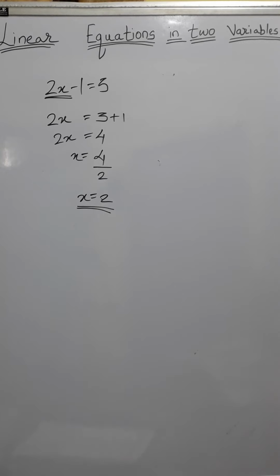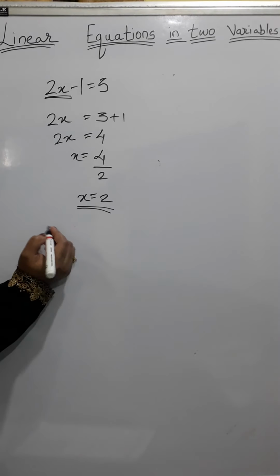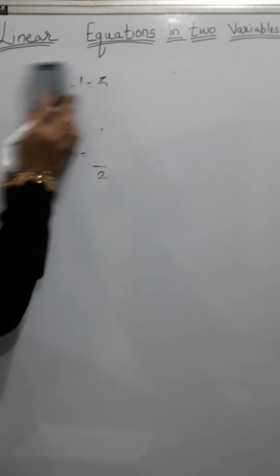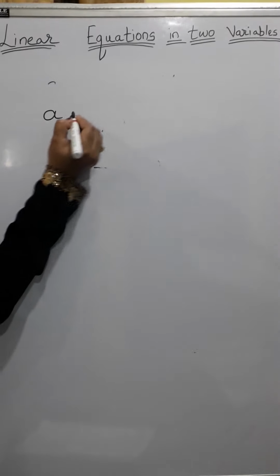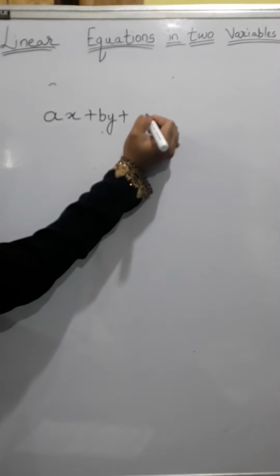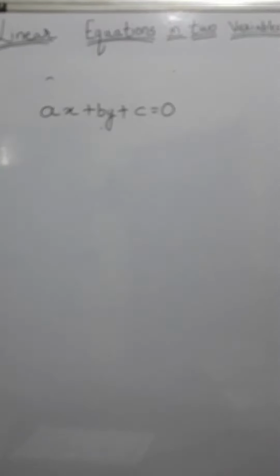For example, the general form of this linear equation is ax plus by plus c is equal to 0.